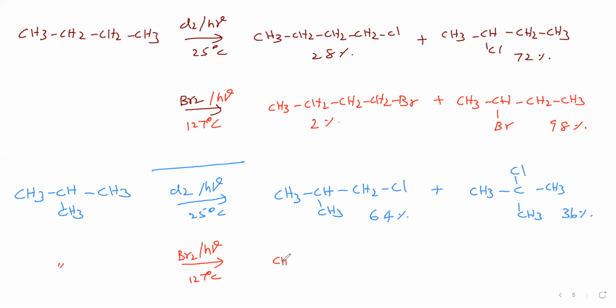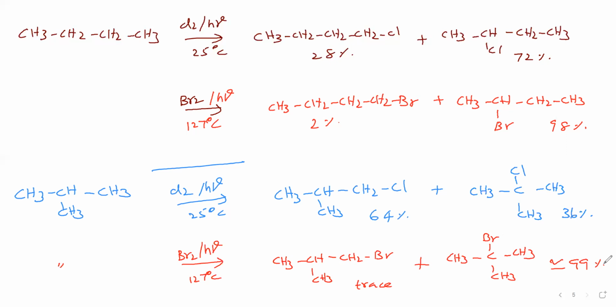Primary hydrogen is going for bromination. The percentage product is a trace amount. Tertiary hydrogen is going for bromination. The percentage product is nearly 99%.